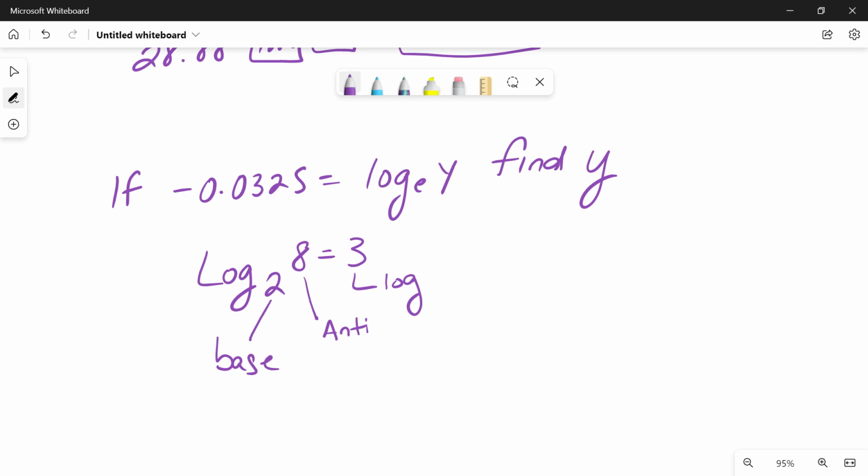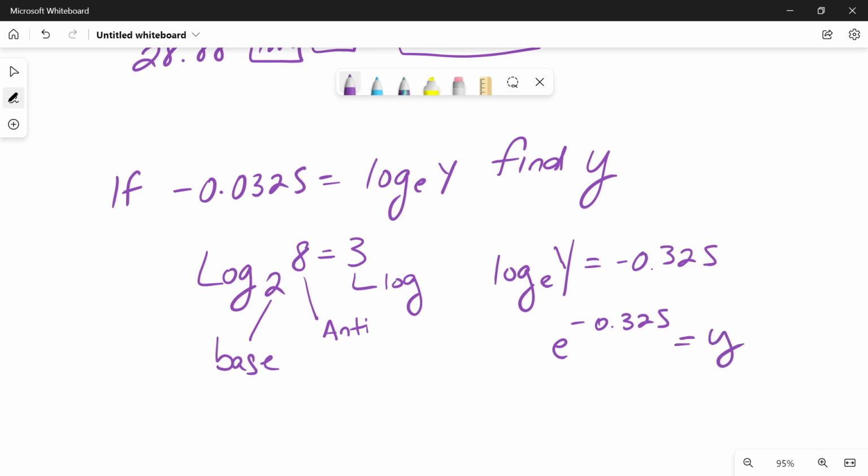Okay, so going with what we've got, we have log E of y equals negative 0.0325. Putting it in an order that you would want, this is telling us that E raised to the negative 0.0325 equals y.